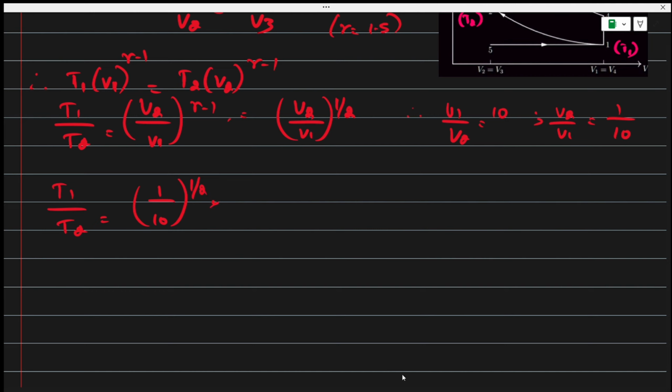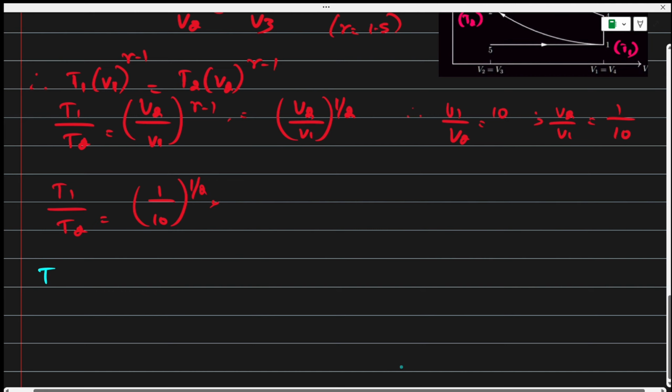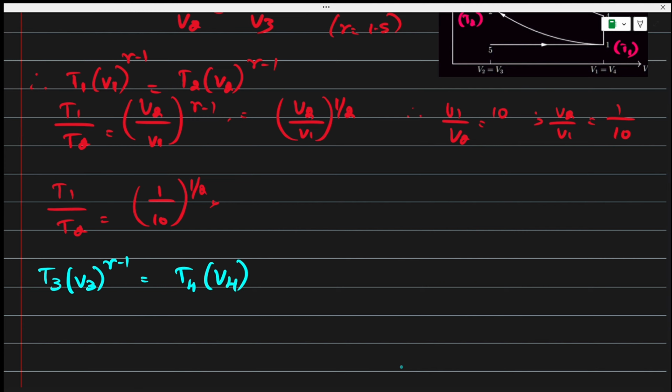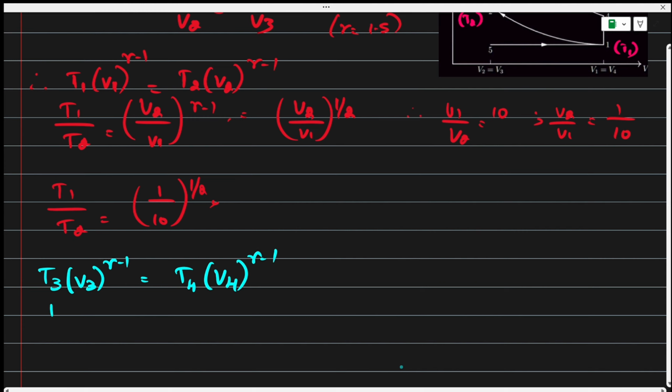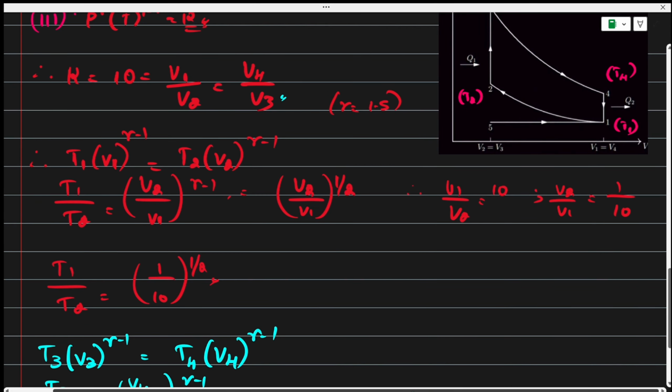Let's find the same relation for T3 and T4. T3 and the corresponding volume V3 to the power gamma minus 1 equal to T4 and the corresponding volume V4 to the power gamma minus 1. So T3 by T4 is equal to V4 by V3 to the power gamma minus 1, and we know that V4 by V3 is equal to 10.